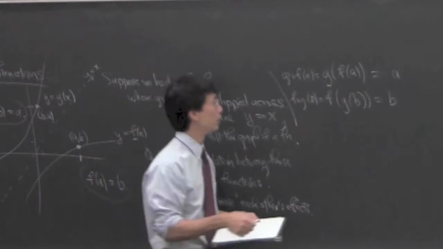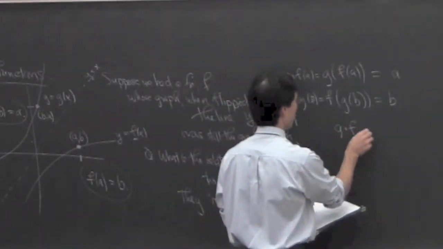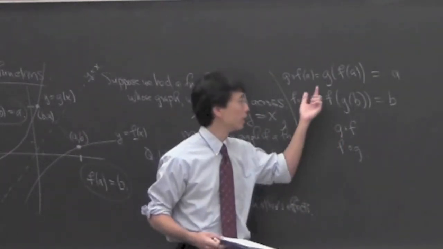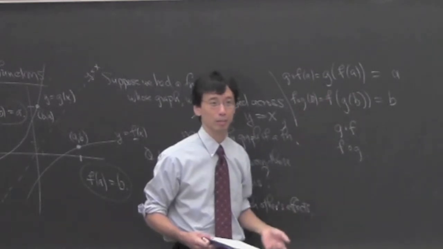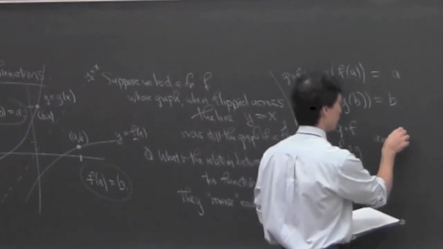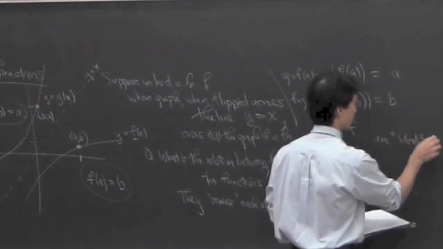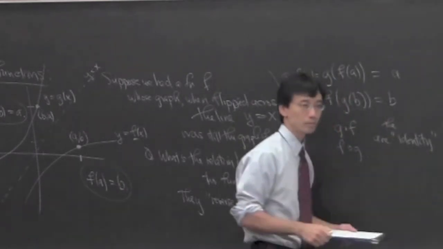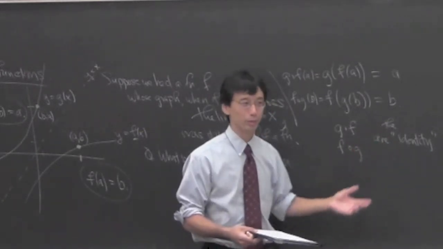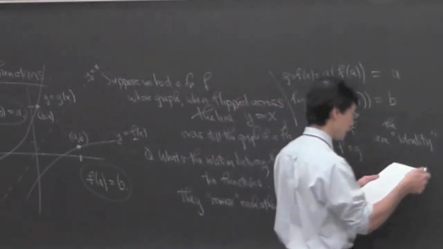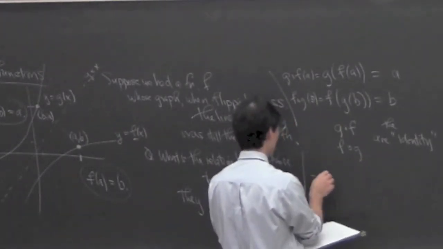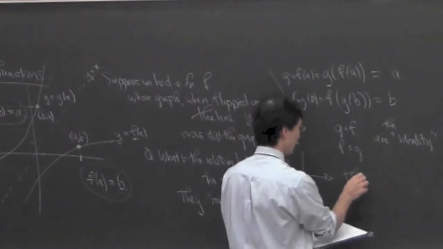So in other words, g composed with f and f composed with g are functions that do nothing at all. They take in something and hand you back the same thing. These are what's called identity functions, the function that just hands you back what you give. And so f and g, what's the relation? They cancel each other out.